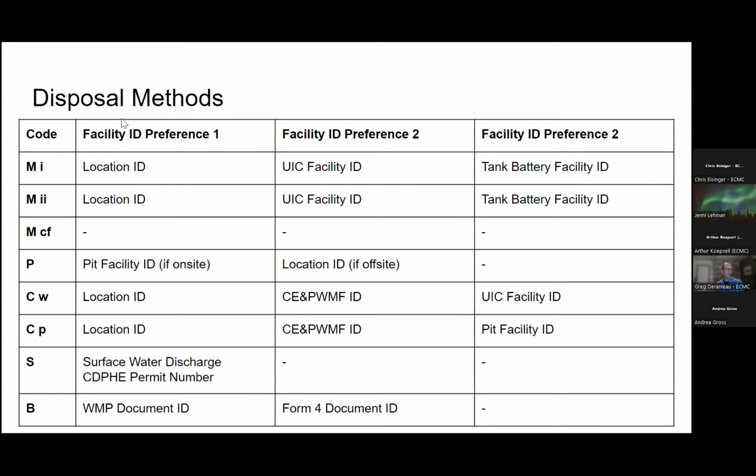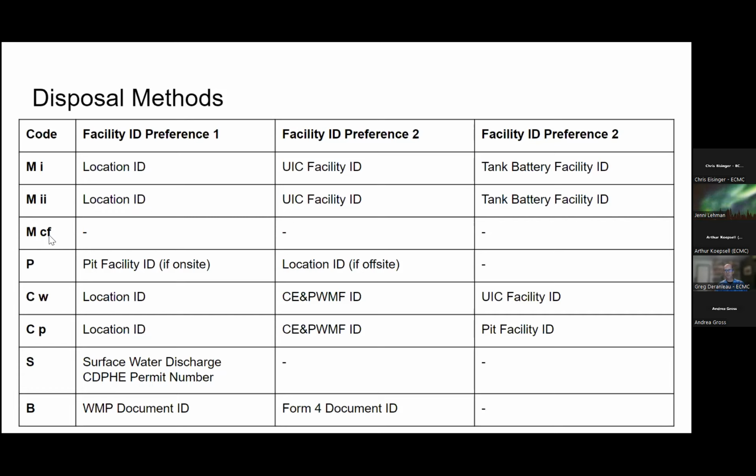And as you can see, preference number 1 is location ID. So for commercial class 1 disposal, that disposal well, because it's permitted, will have an associated oil and gas location. Likewise, for commercial class 2 disposal, there will be a location ID. So we want to use that location ID.